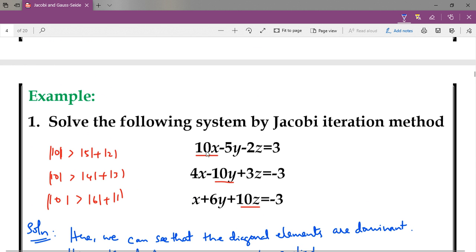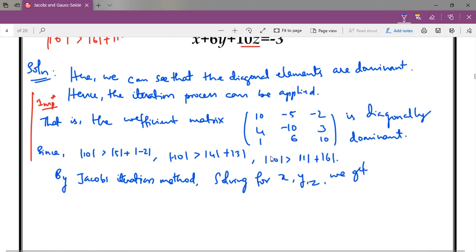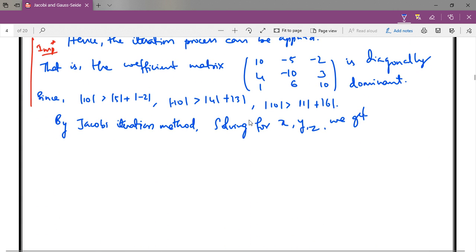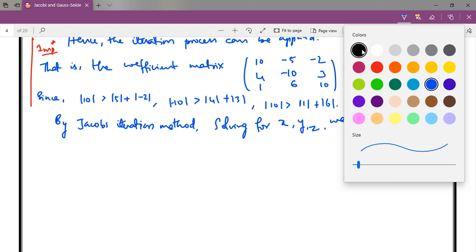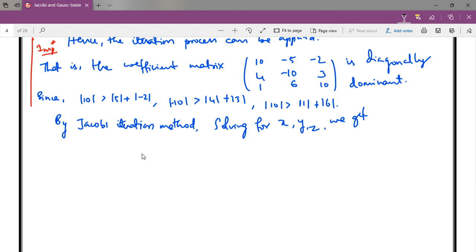Now look at the first one. When I solve for x, this is going to be 3 plus 5y plus 2z divided by 10. So x is equal to 1 by 10 into 3 plus 5y plus 2z.